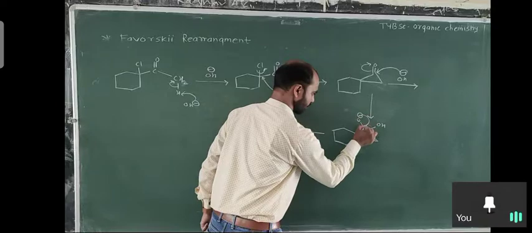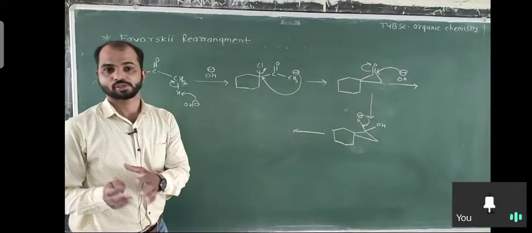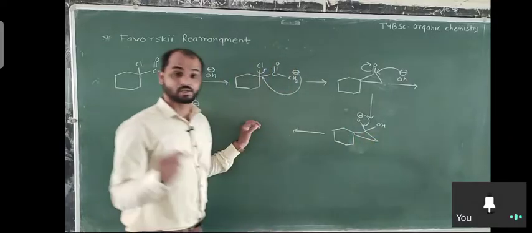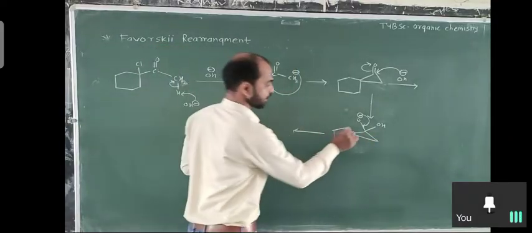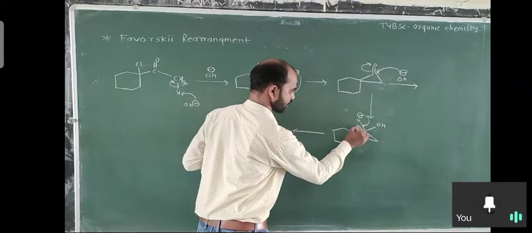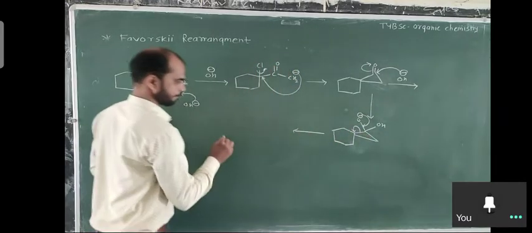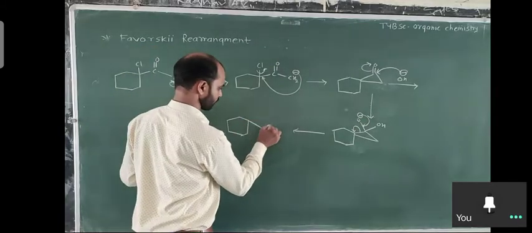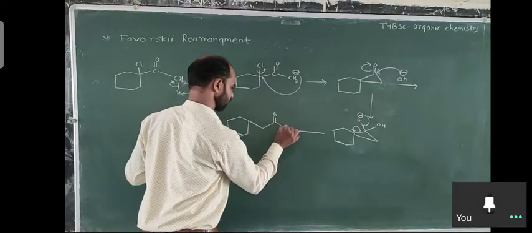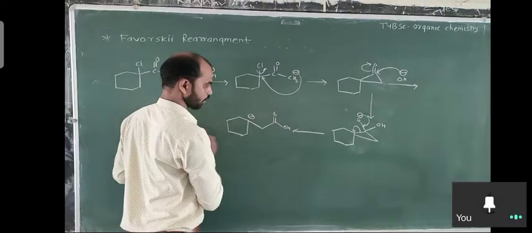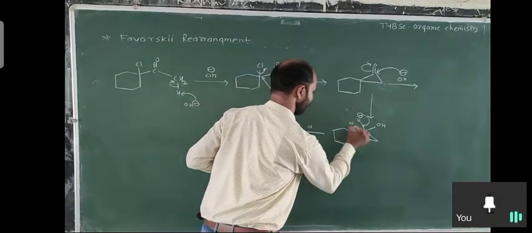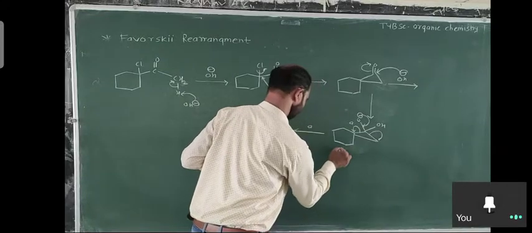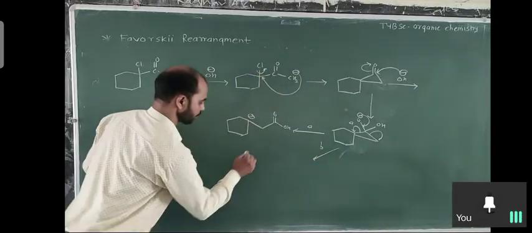So when this comes here, we have two routes, either open here or open here, which is more favorable. Suppose we consider the ring open here, then what do we get? Negative. Suppose this is the A route. Suppose we open here, this is the B route, then what happens?